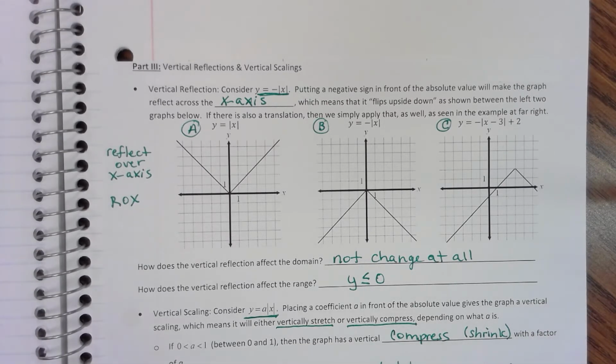Okay, that means we're going to make it longer, taller, with a factor of A. Okay, so what I've done is I've got three graphs I want to show you. If the equation includes other types of transformations, then the same rules that we've already been using will apply, and we'll practice those in some practice problems in just a minute.